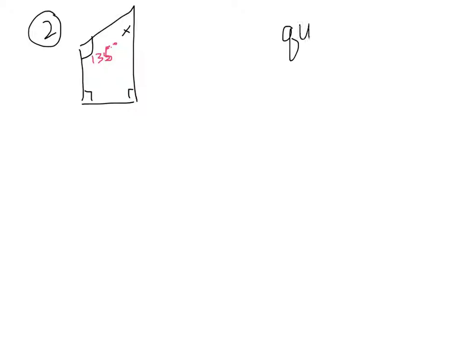Number 2. Okay, so we have this figure here. Automatically, we know it's a quadrilateral. It's a 4-sided figure. So that's one thing we can classify this as. Okay. What else can we classify this as? Looking at the outside, are they all the same length?